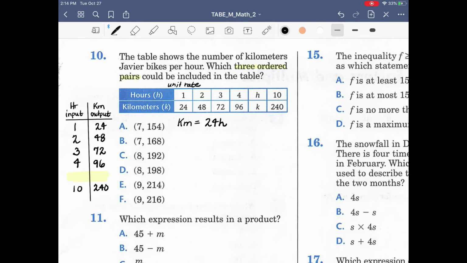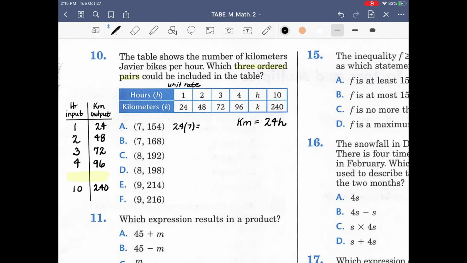So the first one is 7 hours. So let's see what happens at 7 hours. So kilometers equal 24 times h. So I'm going to say 24h. That's 24 times 7. Use your calculator.